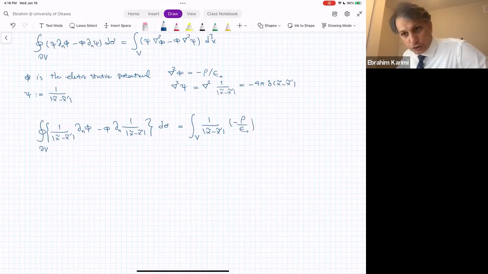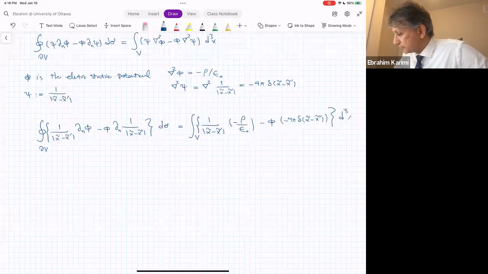Remember, rho is a charge distribution in space. And then I have minus phi, which I don't know the value, Laplacian of psi, which is minus 4 pi delta of x minus x prime, d3x.